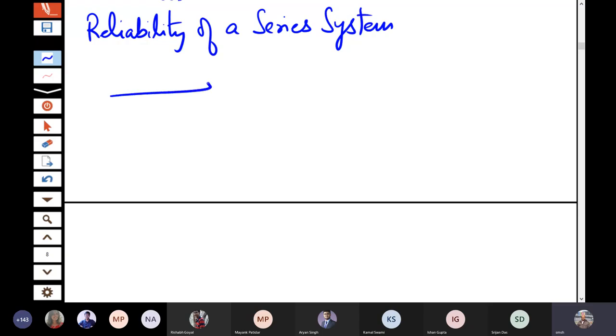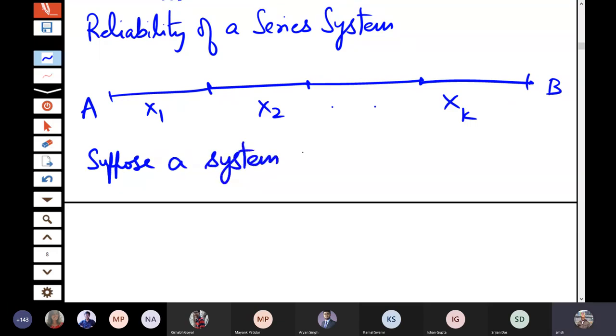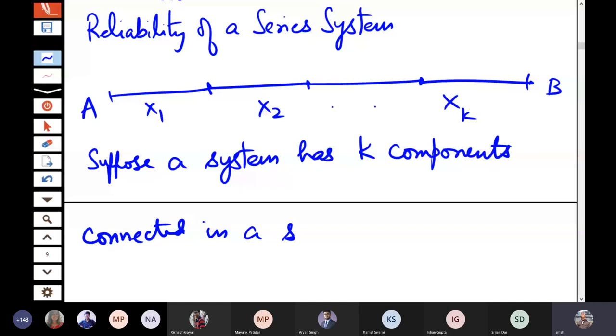So let us consider x1, x2 and so on, xk. Suppose a system has k components connected in a series, okay.